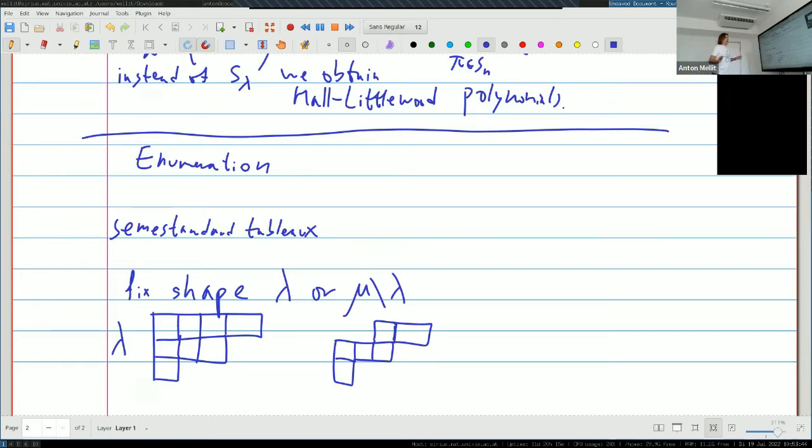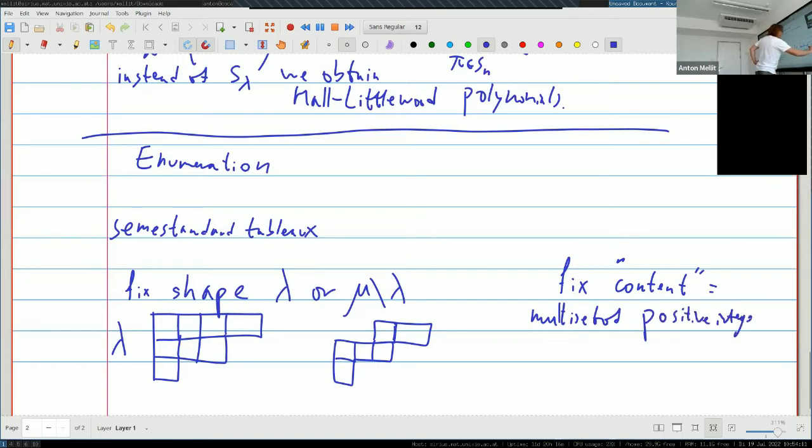So in this story, I will always have two pieces of data entering the picture. One is the shape, and the other is the content, which is a multi-set of positive integers.